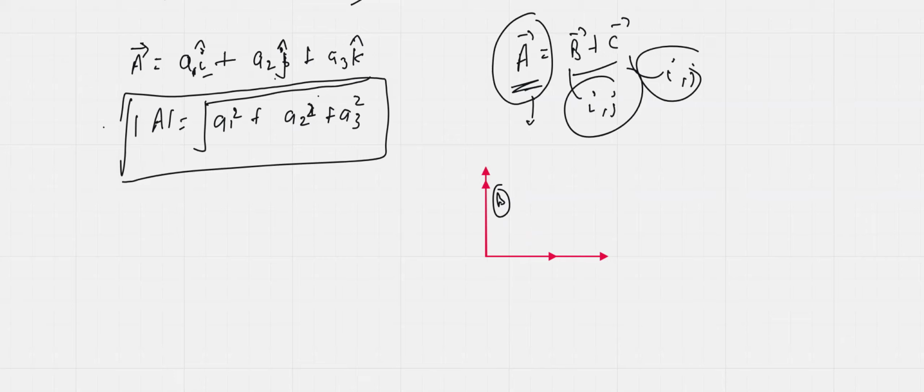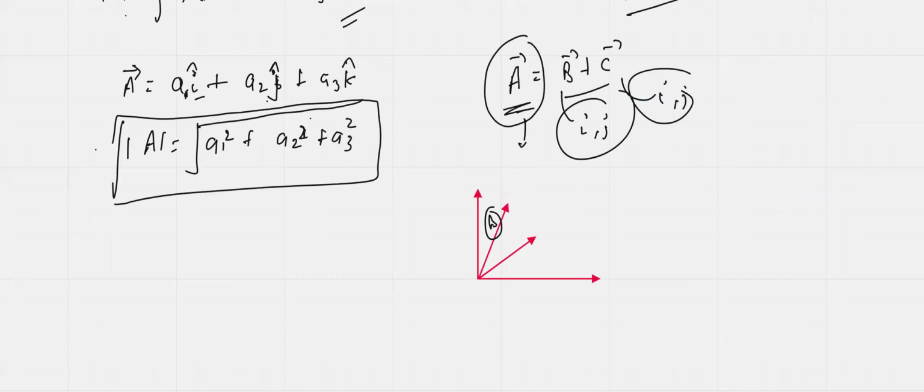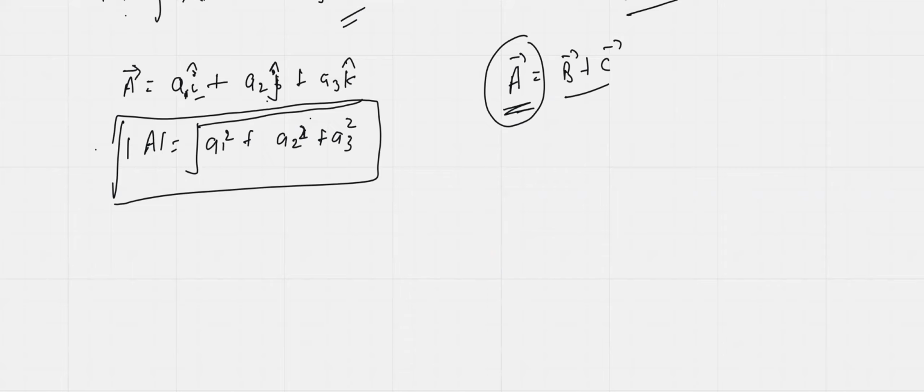But here I can't, because b and c are themselves in the form of i, j, maybe k also. Because here I just took the 2D plane, there may be a possibility that b is written in the form of k also. So how can we solve this? These things come up with something called the resultant vector. To calculate this, we have to come up with the resultant vector, which we will look at some time later, not for now.